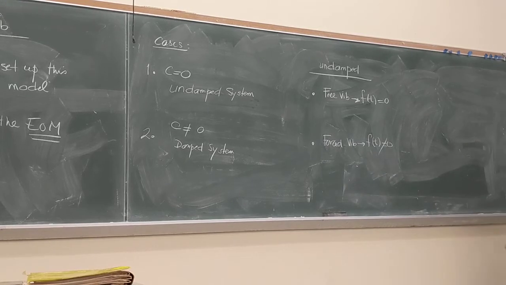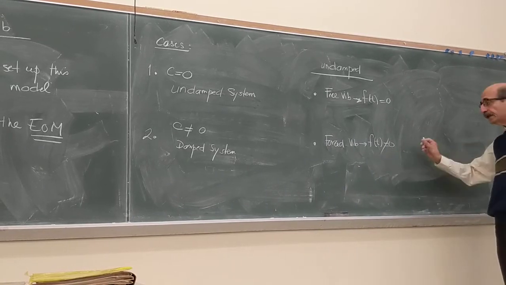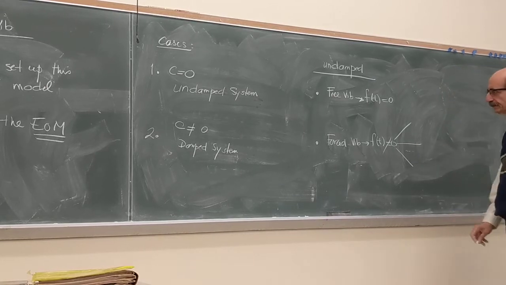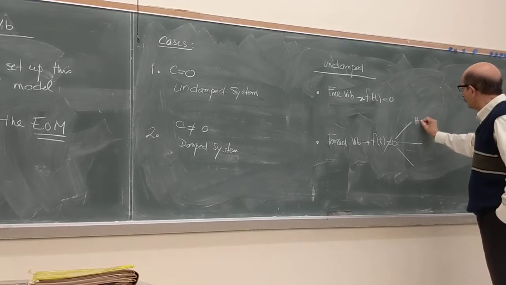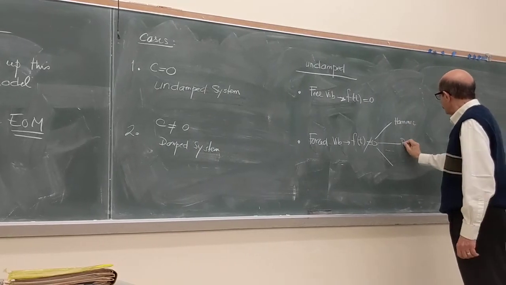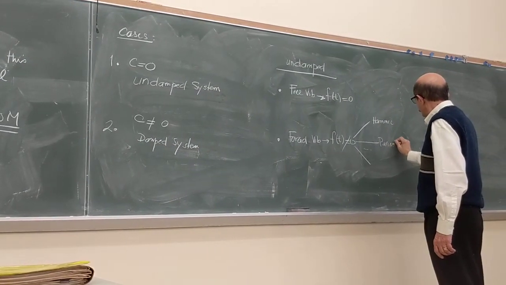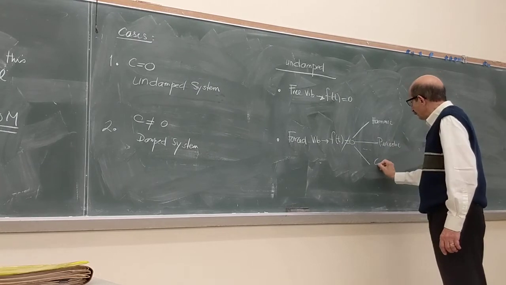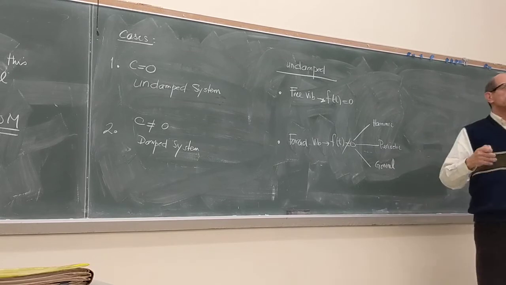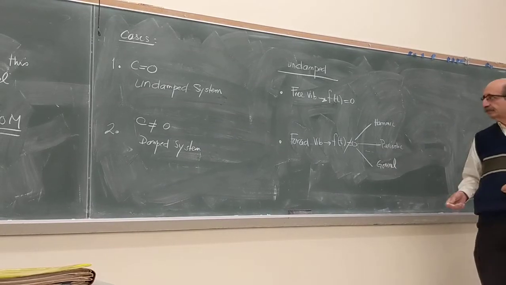And in the case that F(t) is not equal to 0, we look at a few possibilities. We look at a harmonic input, a periodic oscillation, and a general forcing, like impact, blast, and so on.